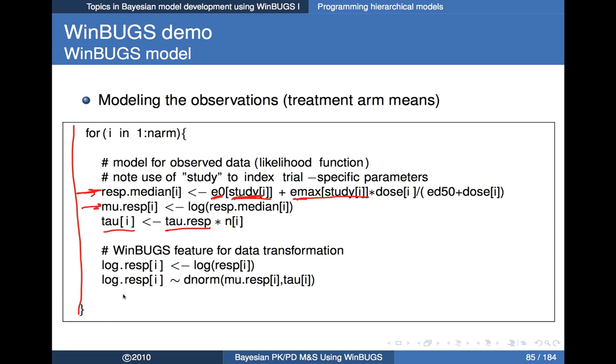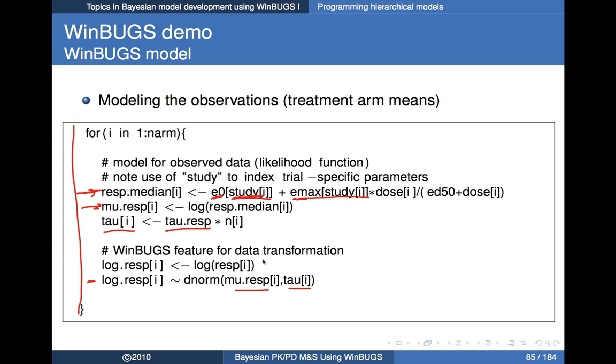And then we finally come down to our likelihood here. So the log of our response is going to be normal with some mean and precision, and we've generated all those up top here. I did one extra little trick here that frankly I seldom use, but I put it in just to point up a feature that's in WinBUGS.